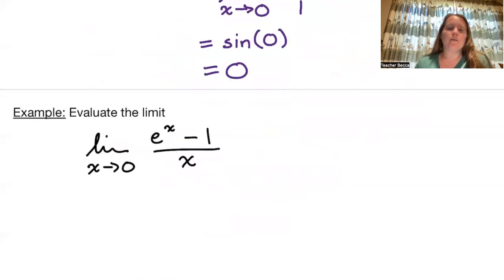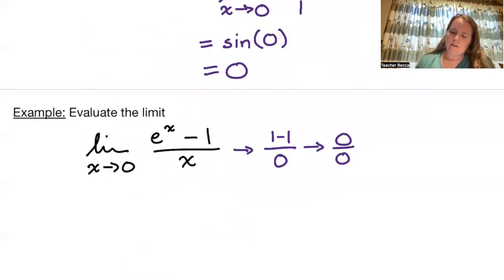Let's go ahead and do one more. Let's evaluate the limit as x goes to 0 of e to the x minus 1 over x. Again, this winds up being 1 minus 1 over 0, so we have a 0 over 0. 0 over 0 tells us that we can use L'Hopital's rule.